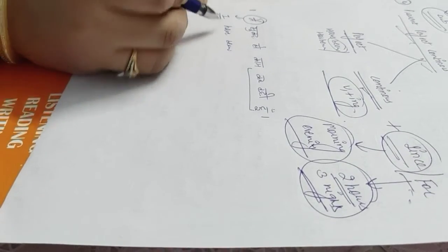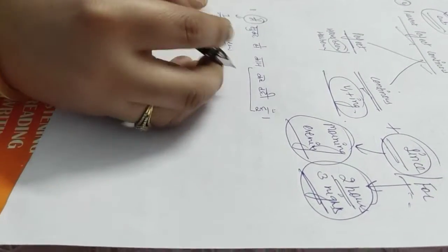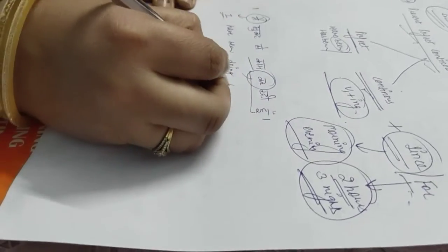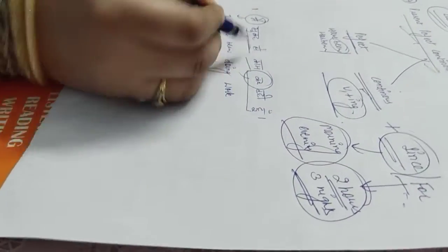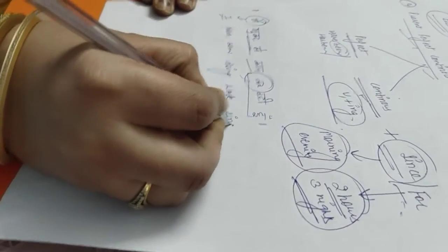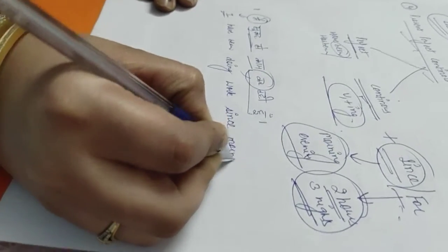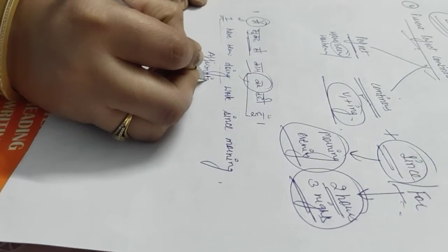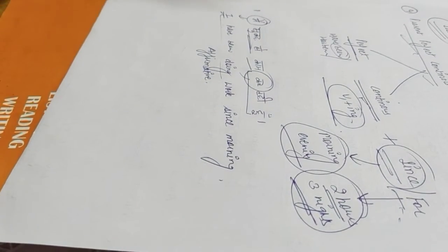So that's why I used have. I have been doing. करना, do. We will start from the ending. I have been doing काम, work, सुबह से, mean since morning. Okay, so this is called affirmative sentence. I have been doing work since morning. मैं सुबह से काम कर रही हूँ.